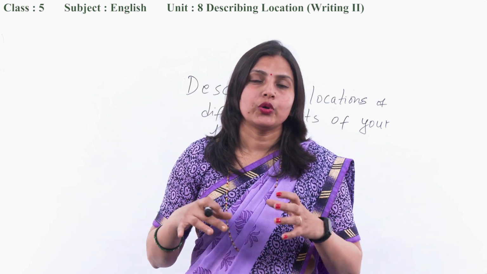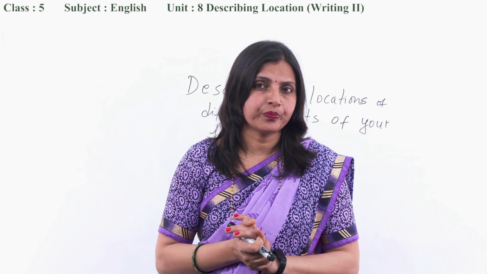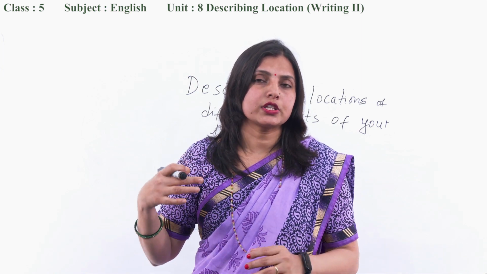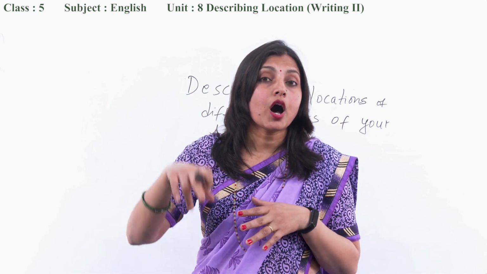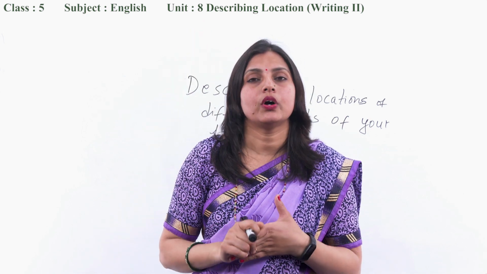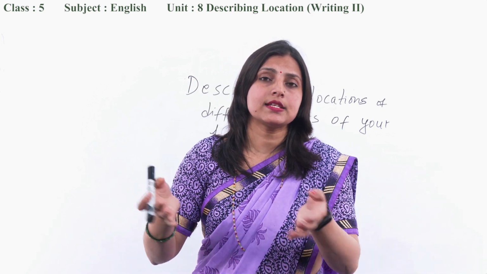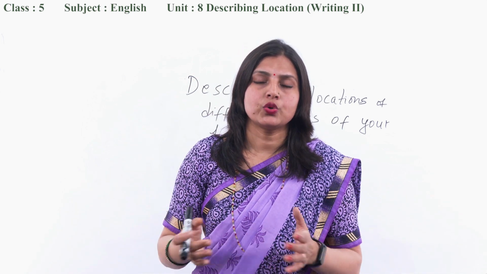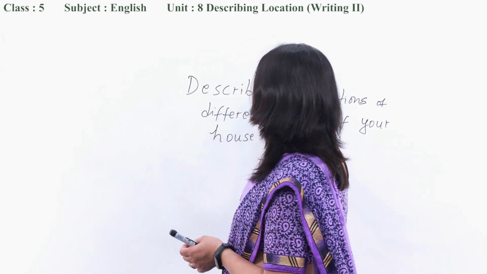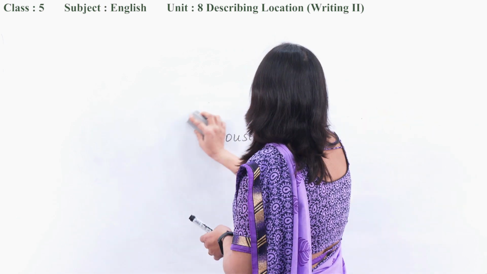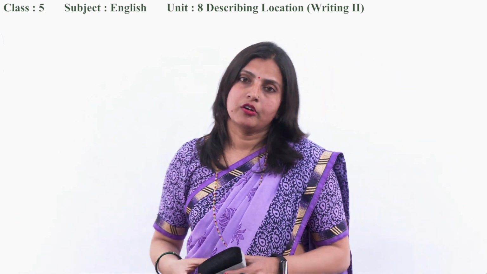So you just first of all write down what are the different parts of your room, and then using the prepositions like at, in front of, up, down, between, like the kitchen is between the living room and the bedroom. So you can use this type of prepositions to describe the different parts of your house. Okay, will you do that?